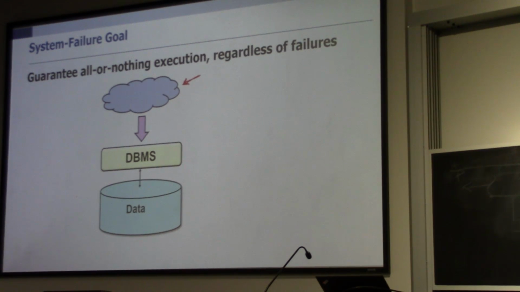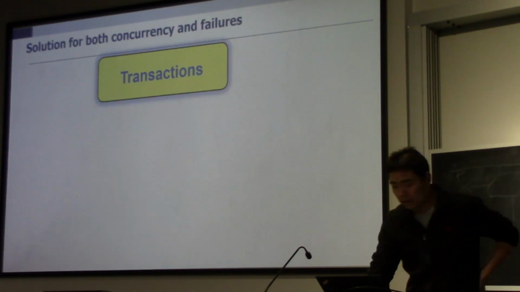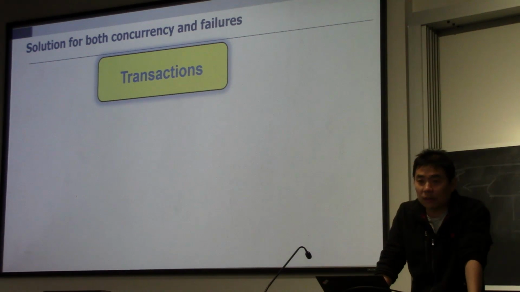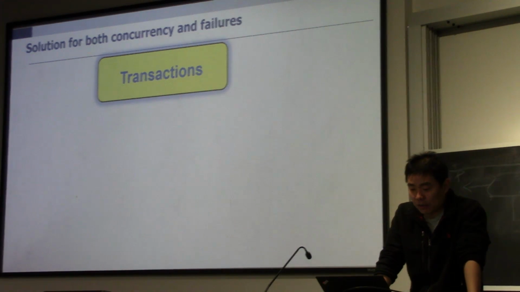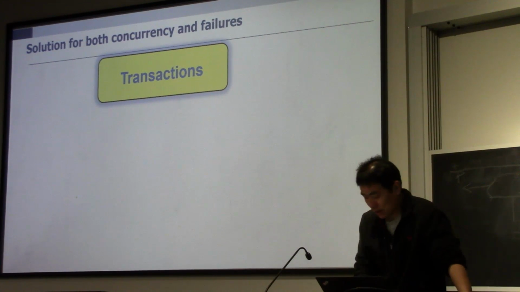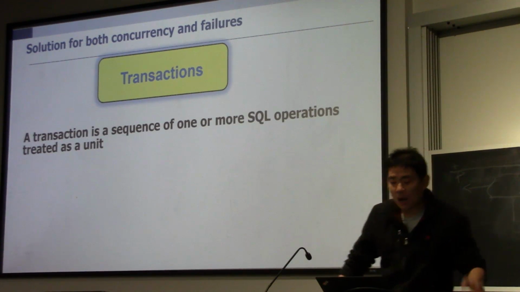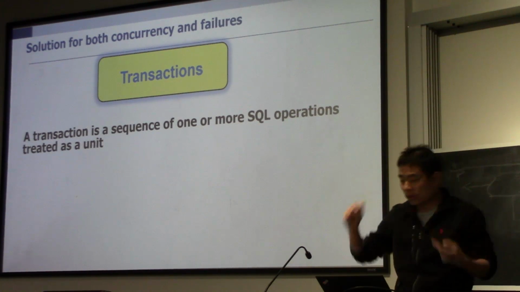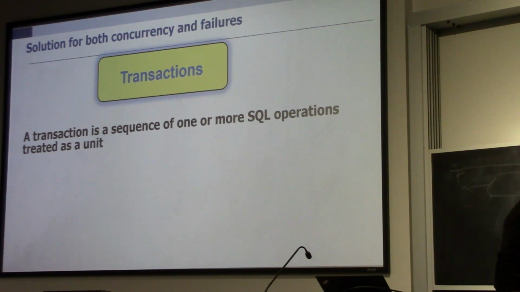So this is the all or nothing semantics guaranteed by transactions. The solution for both concurrency and failures is something called transactions. A transaction is essentially a sequence of one or more SQL operations treated as an atomic unit. The keyword is atomic.